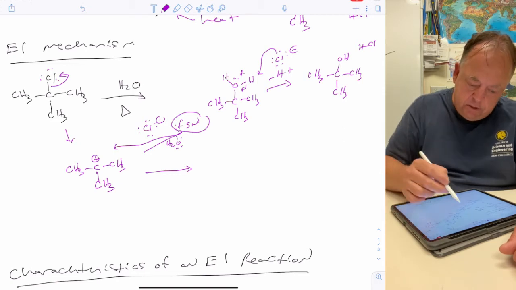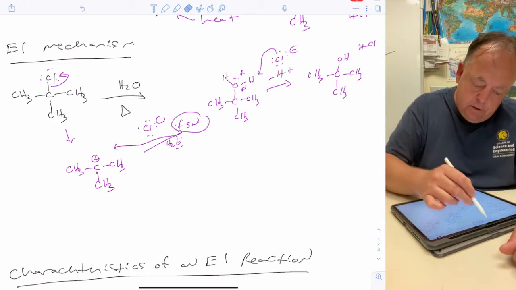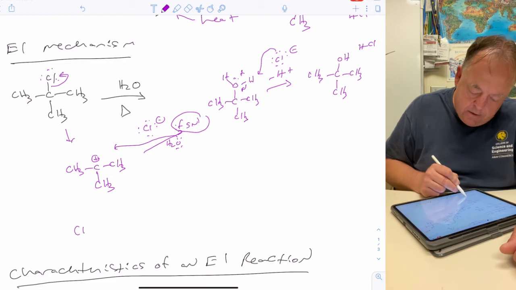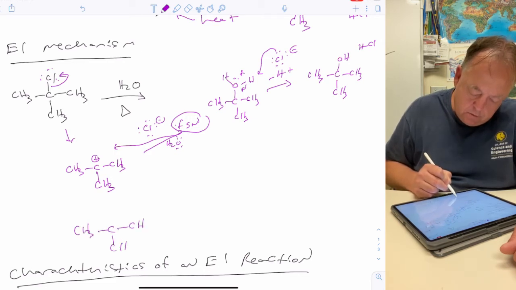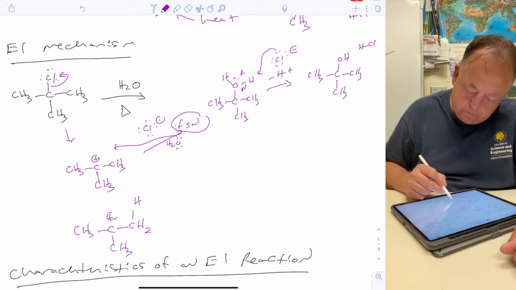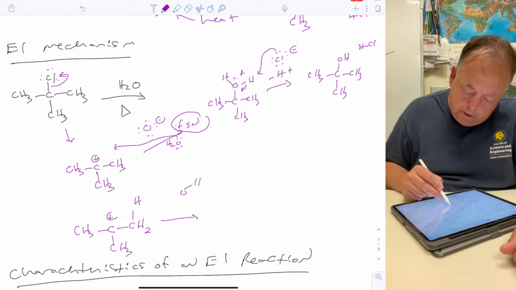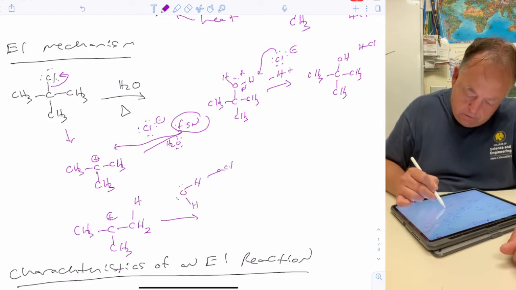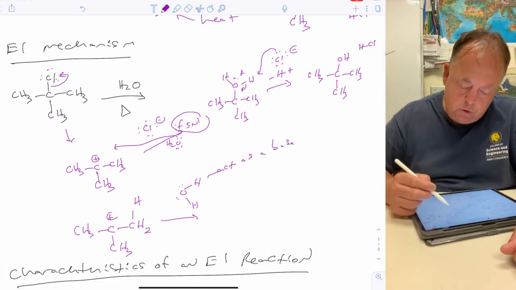But what this can do instead, let me just draw the carbocation again, and let me sketch one of the hydrogens out. So what can happen instead? Here H2O can act as a base.